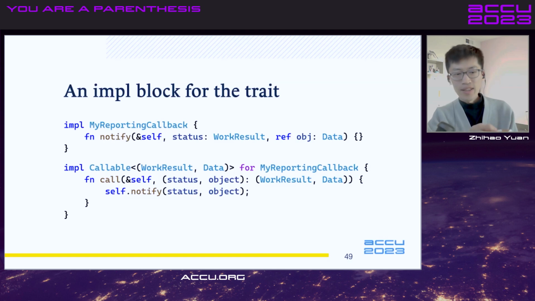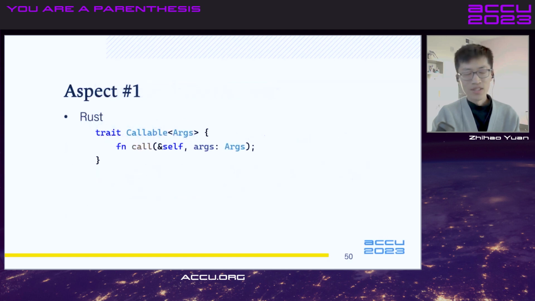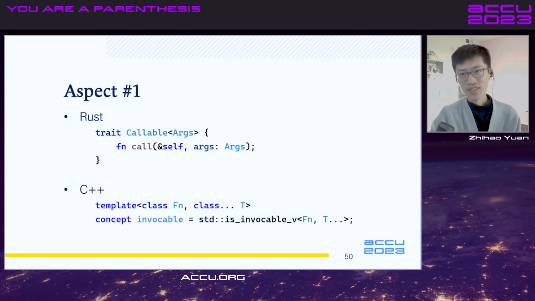A first look at this is very intuitive, a very powerful feature. But it becomes interesting if you start to compare this against other features that we have seen. There are two ways to look at this feature. The first aspect is that we have a trait in Rust, and it's very similar to a concept in C++, right?